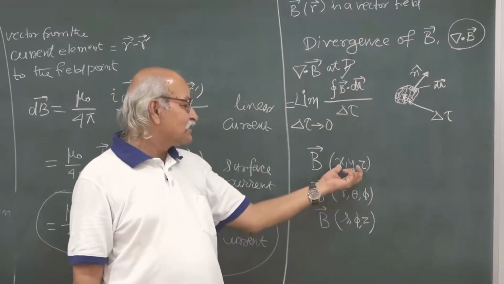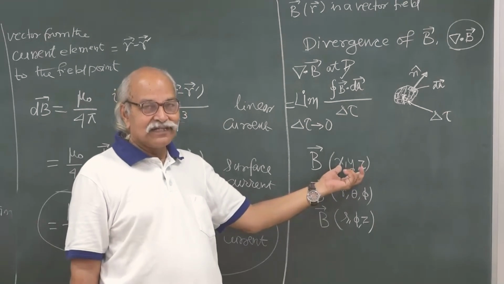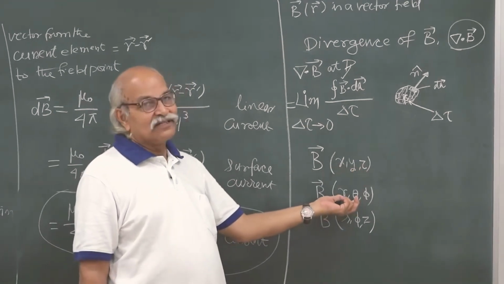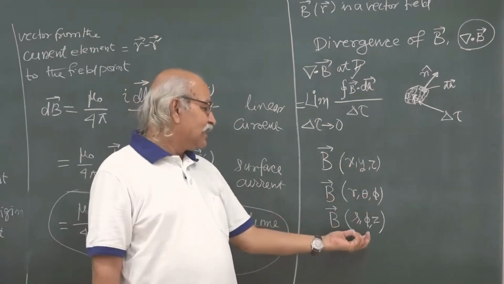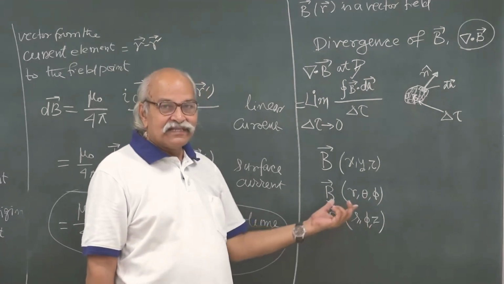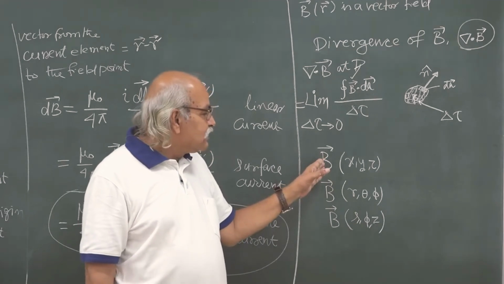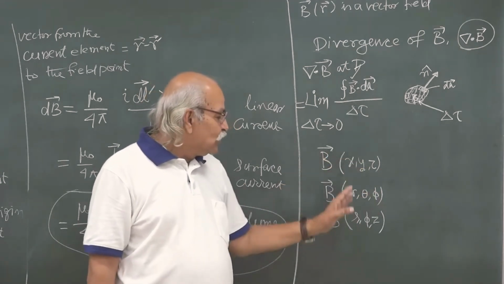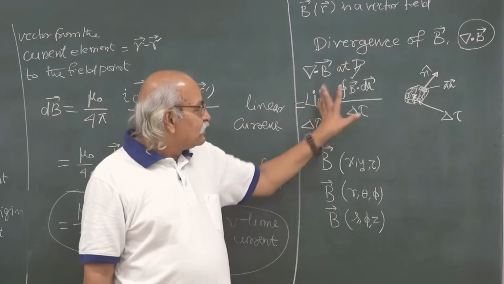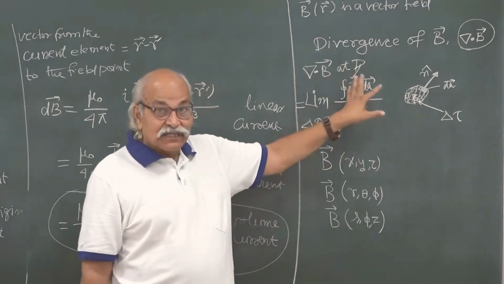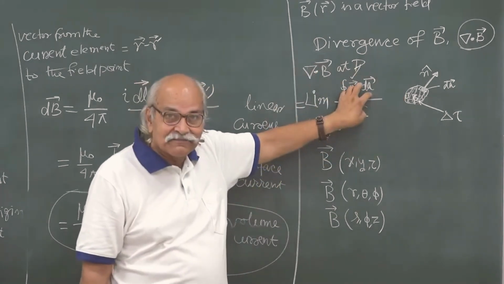So, if you know this magnetic field in terms of the coordinates, you can write the divergence of B without going through this operation, but this is the definition.